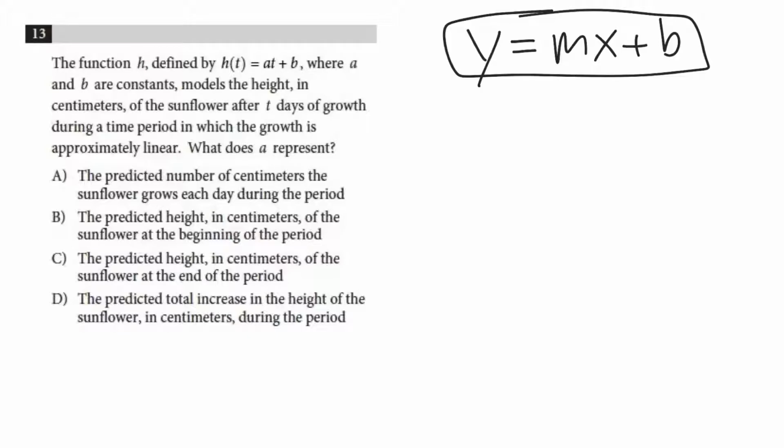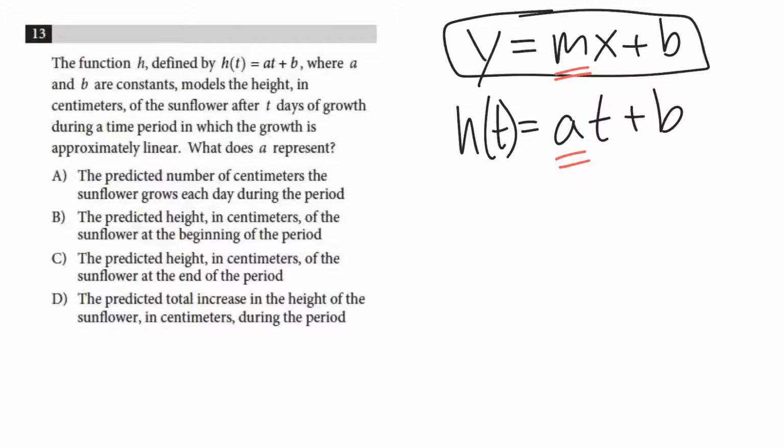Function notation is probably going to be a good thing to be familiar with as well. So h of t equals a times t plus b. We know that m is our rate of change. In this case, a is in that position. So a is the rate of change of the output, which is the height.